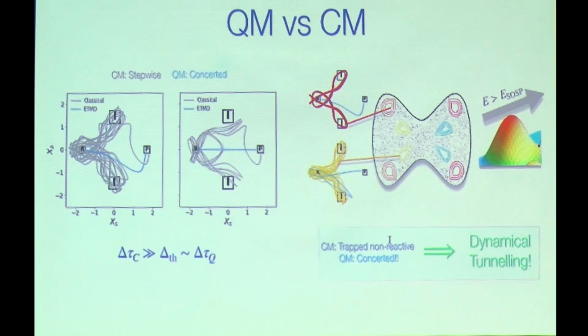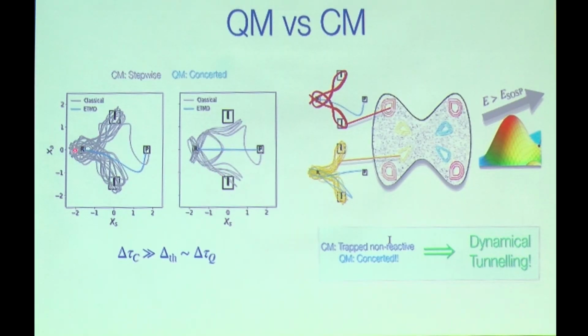So what we did was we went back and looked at some of these trajectories which, like Houdini, changed their character from sequential classically to concerted quantum mechanically. And here are some examples. Here's a classical trajectory which clearly starts from the reactant, spends a lot of time in the intermediate, but eventually gets over to the product. It's clearly a sequential process.